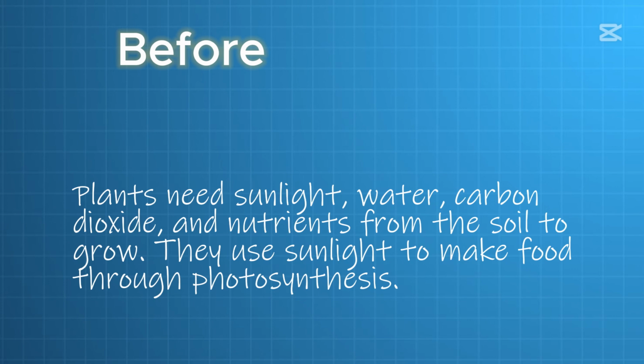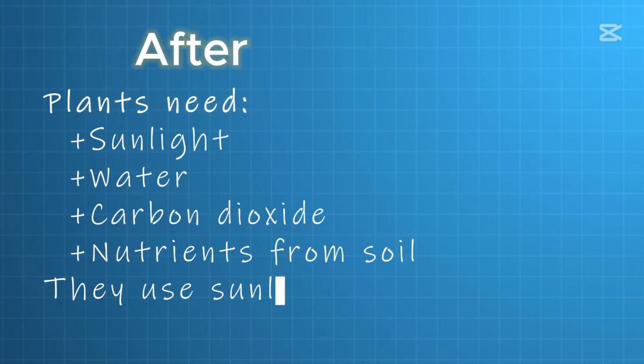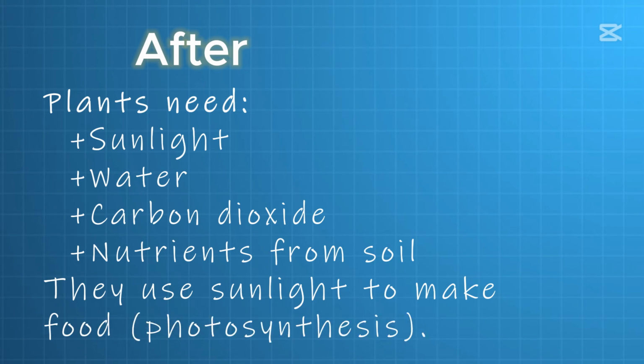It's much easier to read it if it's presented like this. Plants need sunlight, water, carbon dioxide, nutrients from the soil. They use sunlight to make food through photosynthesis. Here's an example where you could include more than one method, as visuals would provide even more support.